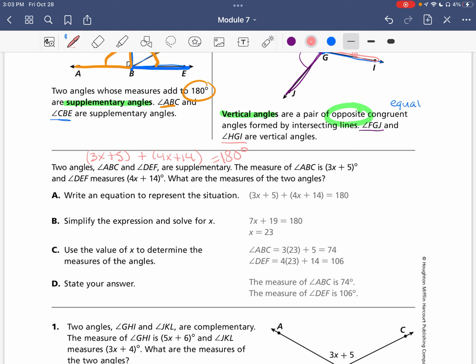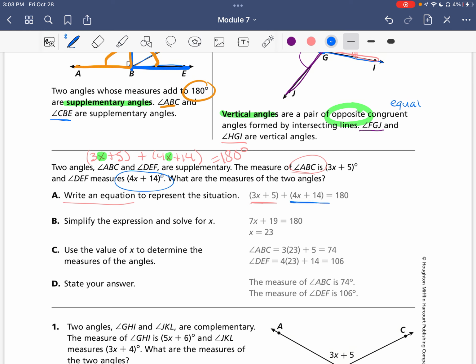There are going to be two different parts to this. We first need to solve for x, because we have this variable and we have no idea of its value. So we need to set up our equation. 3x plus 5, this is your angle ABC, and then we have plus DEF here, equals 180.